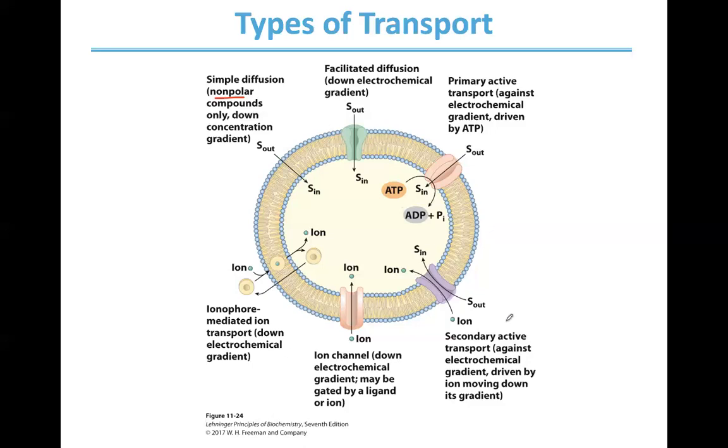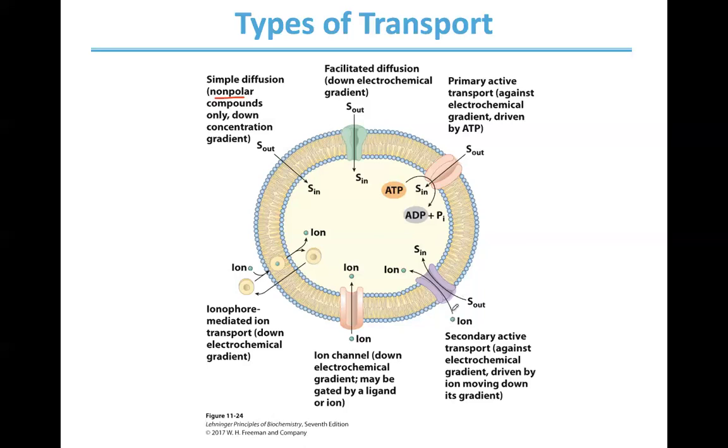And now there's another one. There is secondary active transport against the electrochemical gradient, often driven by ions moving down their gradient. So this is kind of coupled. You can see here, again the concentration of S is smaller on the outside than on the inside, so it will be moving against the concentration gradient.